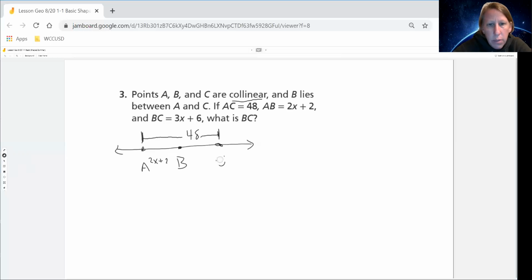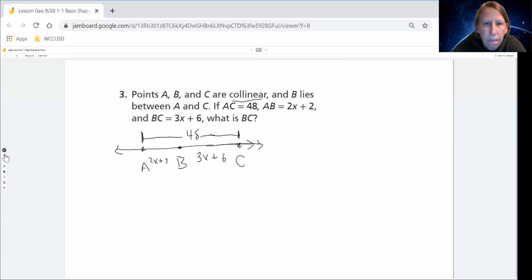I'm going to fix my picture a little bit because 3x plus 6 looks like it's going to be bigger than 2x plus 2. I'm going to adjust here. I'm going to put C a little further out. So it's 48 to get to there. This part from A to B is 2x plus 2 steps. And to get from B to C is 3x plus 6 steps.